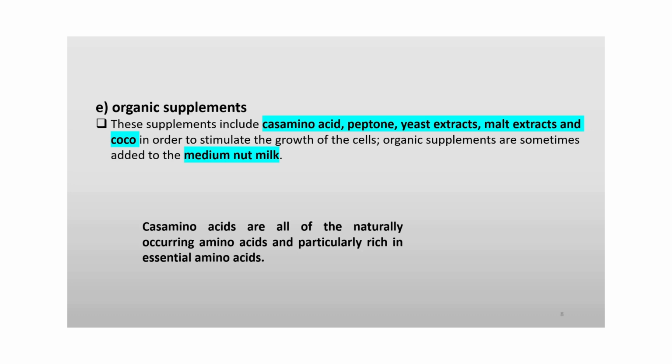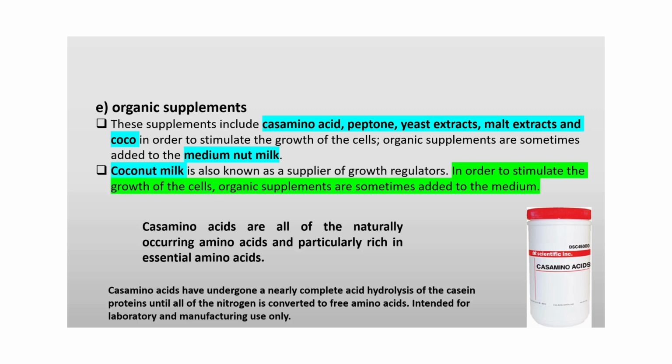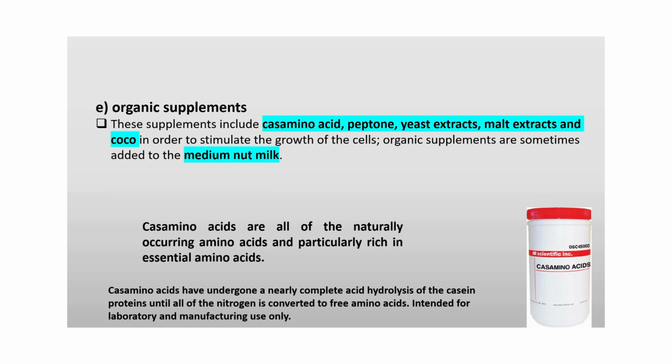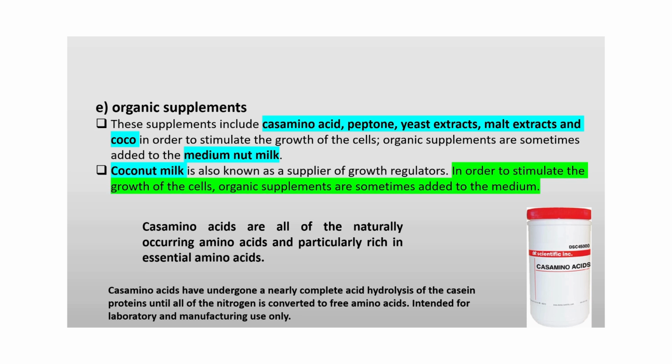Casamino acids are all of the naturally occurring amino acids and are particularly rich in essential amino acids. Casamino acids have undergone a nearly complete acid hydrolysis of the casein protein until all the nitrogen is converted to free amino acids, intended for laboratory and manufacturing use only.